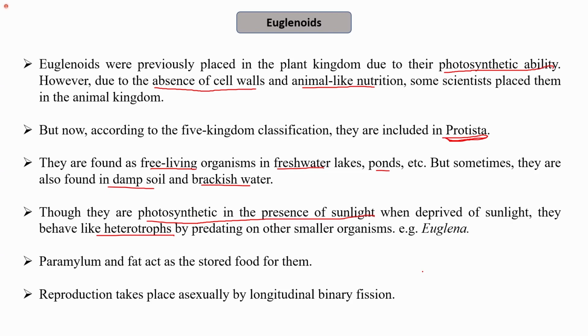In the presence of sunlight, they undergo the autotrophic mode of nutrition, while when deprived of sunlight, they undergo the heterotrophic mode, where they predate on other smaller organisms for food. So basically, euglenoids can switch between the autotrophic and heterotrophic modes of nutrition.